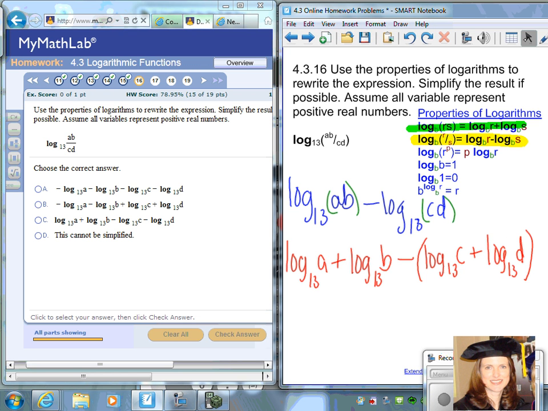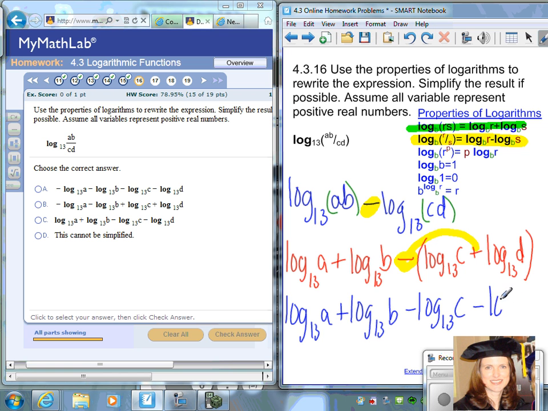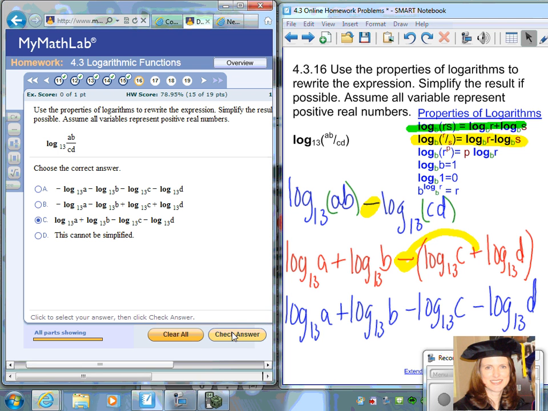But don't forget that we had a minus in front of that entire quantity. So we are going to distribute that and write our final answer as log base 13 of A plus log base 13 of B minus log base 13 of C minus log base 13 of D. Make your choice and check your answer.